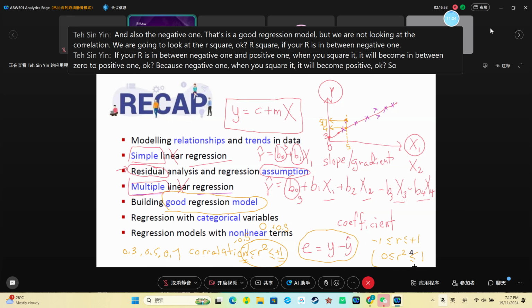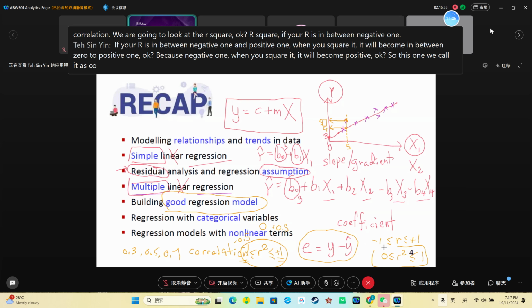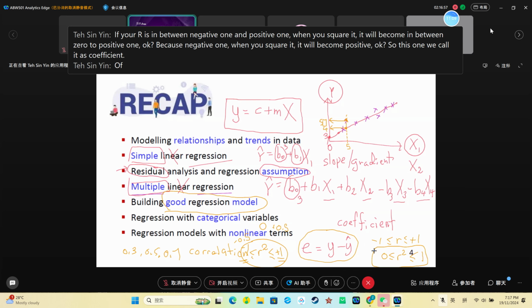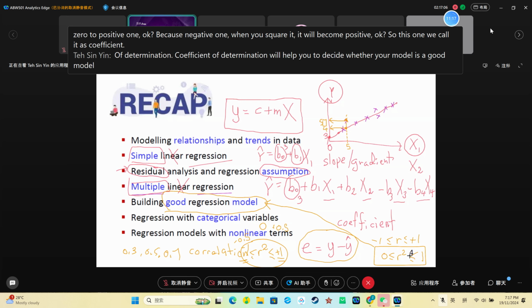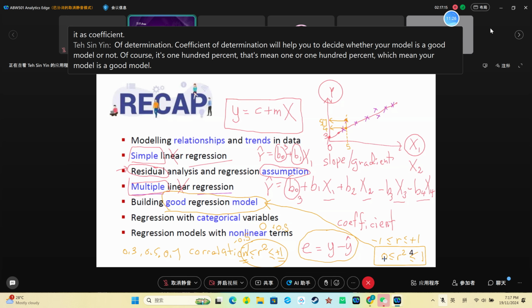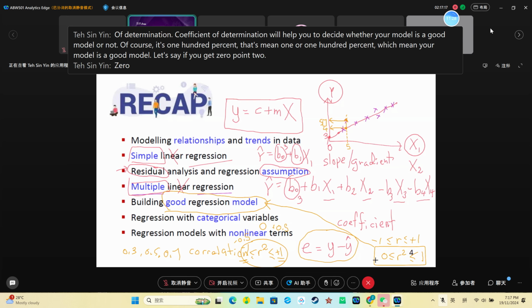This one we call the coefficient of determination. Coefficient of determination will help you decide whether your model is a good model or not. Of course, 100%, that means 1, means your model is a good model. Let's say if you get 0.2, 0.2 is very close to 0. That means your model is not a good model. So we will look at some examples later.